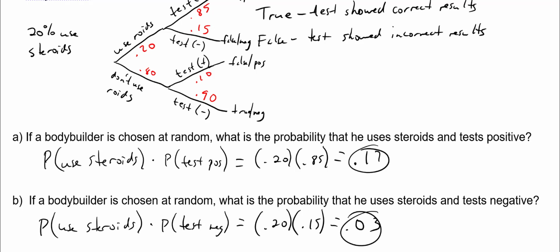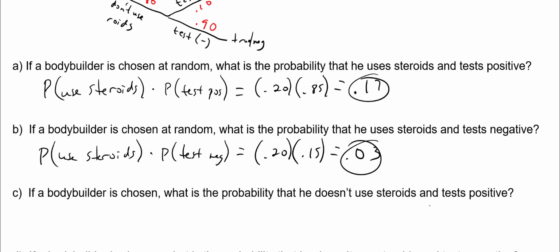If you did use steroids, which is a small percentage, it should come back and say, yeah, I used steroids. For the test to come back and say no, when you actually did use steroids, that's really low too. So there are two low numbers there. That's why this one is 0.03. It's really, really low. Okay? All right, so let's keep going here.